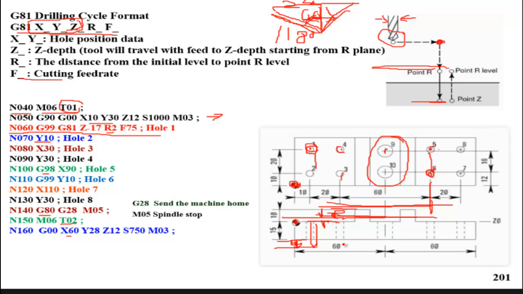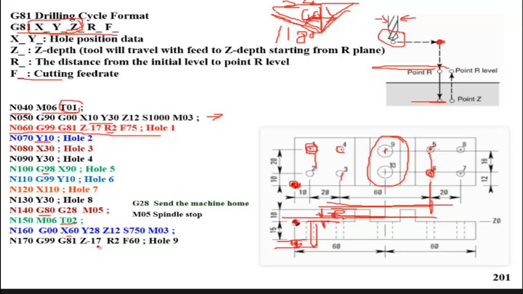So bring the tool, and we decide the amount of speed, then spindle start, then G99 and G81 again, we activate the canned cycle again.